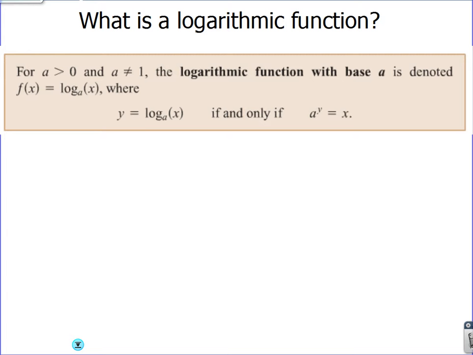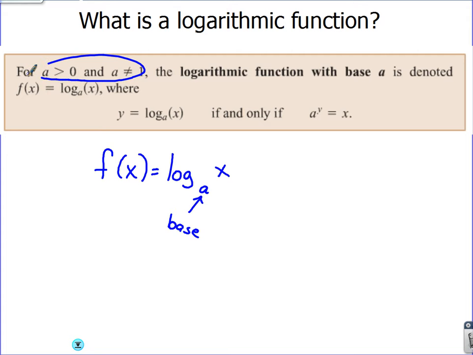Now, I do want you to learn that from it. F of x equals log base a of x. That's how you read that. This is the base of the log. And what they're telling you with all this is that a has to be greater than 0, and a cannot be 1. You'll learn why in just a little while.